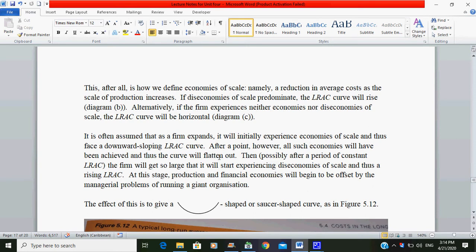Then, possibly after a period of constant LRAC, the firm will get so large that it will start experiencing diseconomies of scale and thus a rising long run average cost. At this stage, production and financial economies will begin to be offset by the managerial problems of running a giant organization.